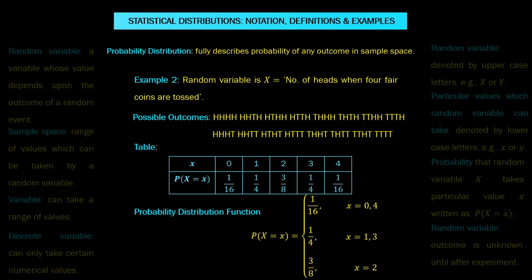So probability that x equals 0 or 4 is 1 out of 16. Probability that x equals 1 or probability that x equals 3 is 1 out of 4. And probability that x equals 2 is 3 out of 8.